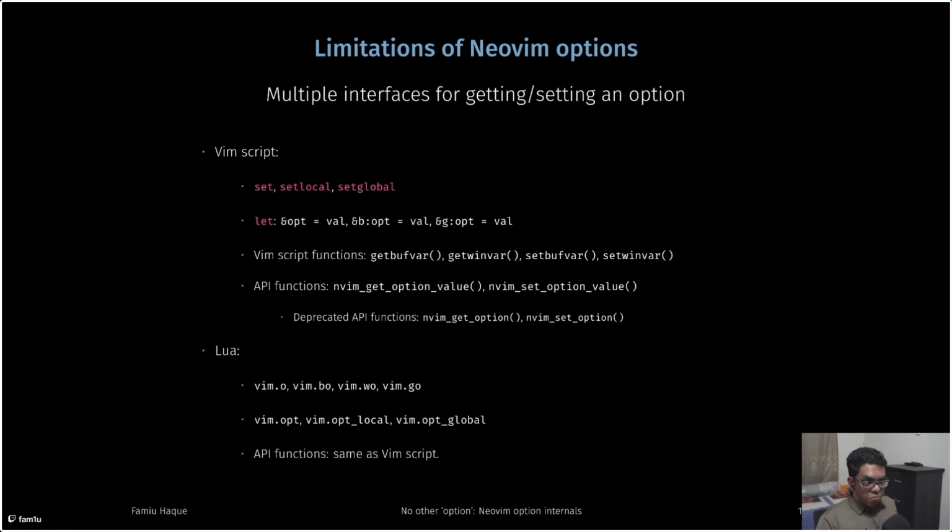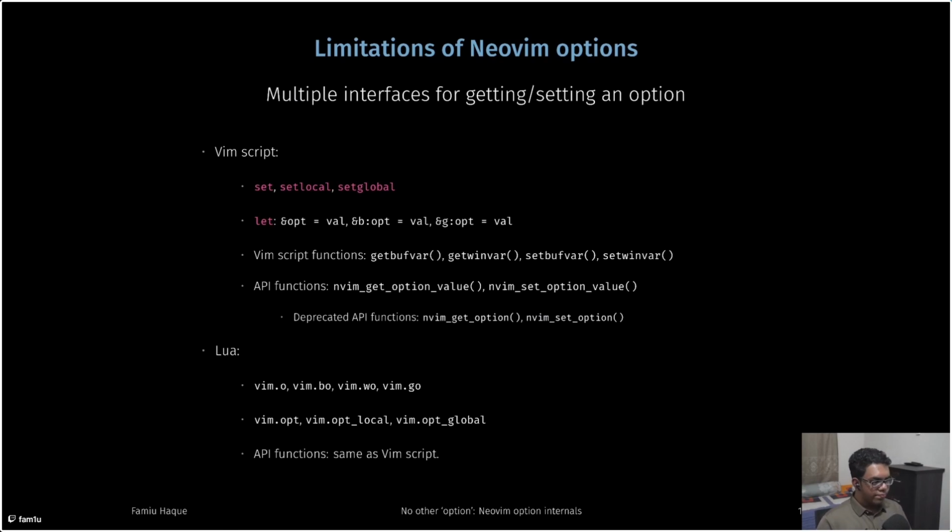We also have API functions like nvim_get_option_value and nvim_set_option_value, and we had some deprecated API functions. Thankfully, they got removed because they had even more limitations of their own. The deprecated ones are nvim_get_option and nvim_set_option, as you can see here. Now, if all of this sounds confusing, I agree with you. It is. But what can you do?